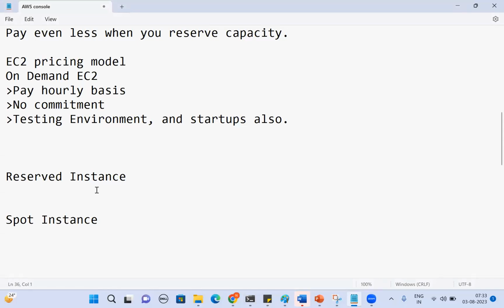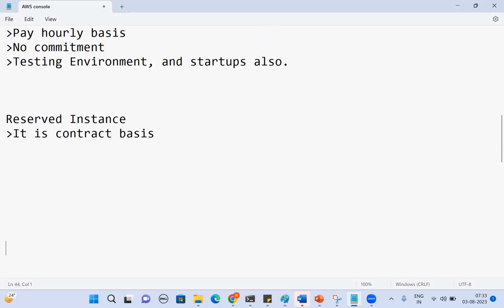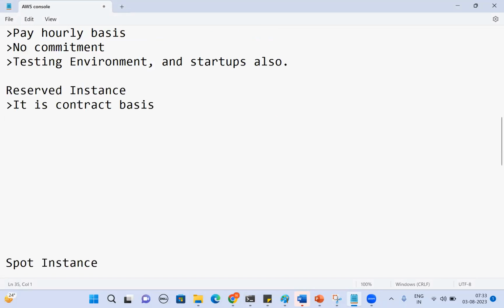Okay, so coming to the next one, which is reserved instance. In the name itself, you will be able to understand it is contract basis. So what it means is, suppose you want to use a server for 1 year.